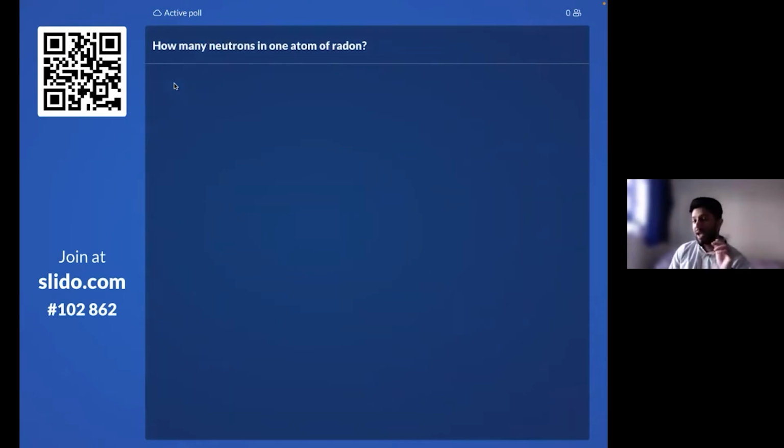And finally, have a crack at this. So remember the numbers were 86 and 222. Okay, I'm going to guess that the 86 was accidentally someone typing it in from the last one.